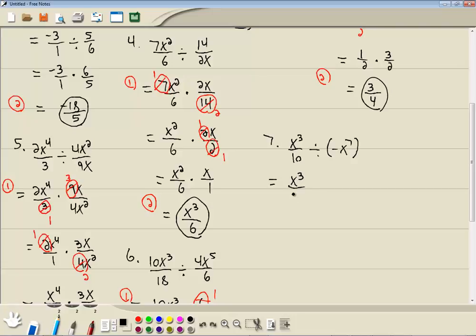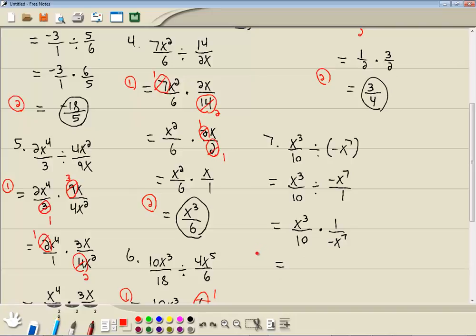So that's x to the third over 10 divided by negative x to the seventh over 1. Again, you can always create a fraction by putting it over 1. Never do we divide, so we're going to rewrite as multiplication. So we'll take the reciprocal of the second fraction, flip it. So it becomes 1 over negative x to the seventh.